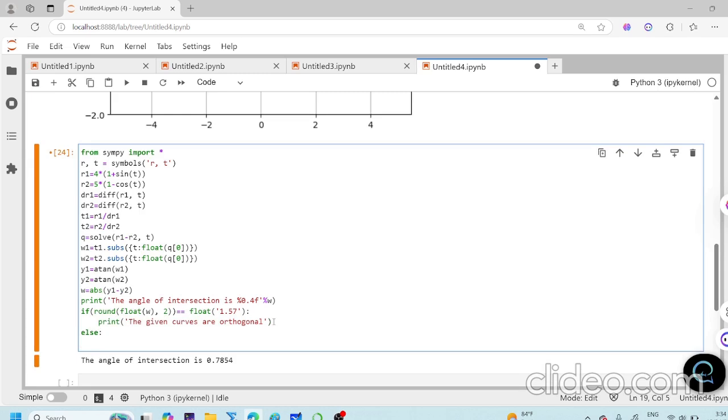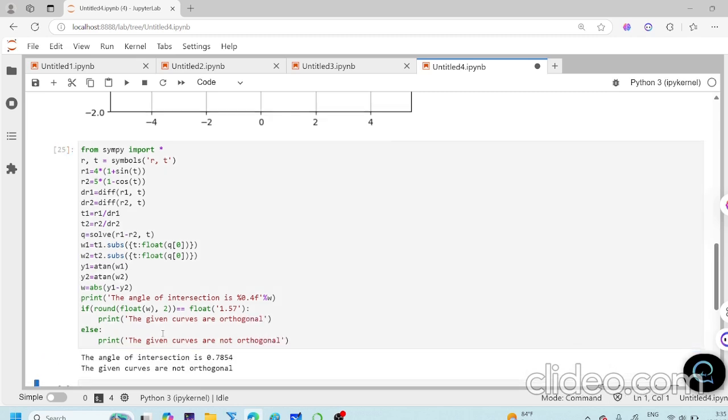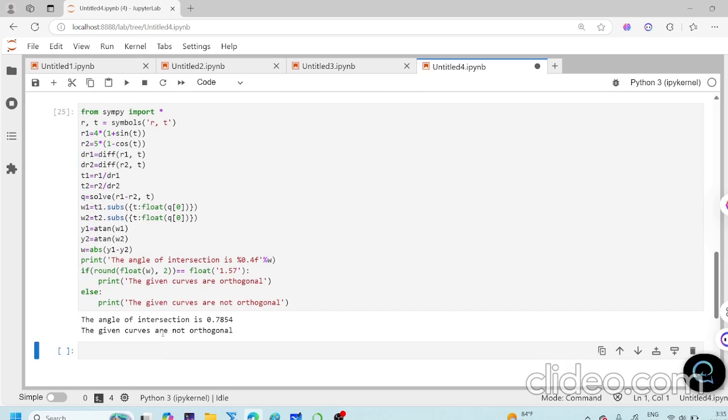Else, that means if the float value of W rounded off to 2 digits is not equal to 1.57, then print the given curves are not orthogonal. Here, since the value is not 1.57, it says that the given curves are not orthogonal.